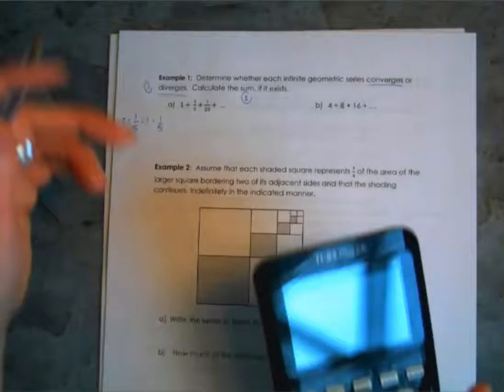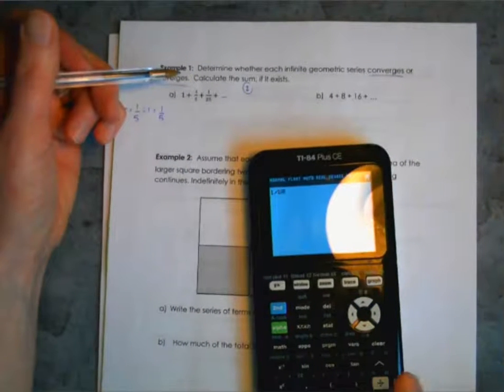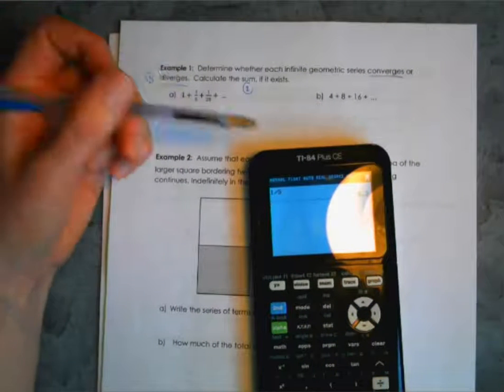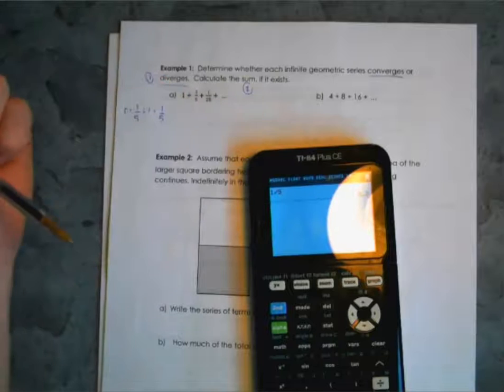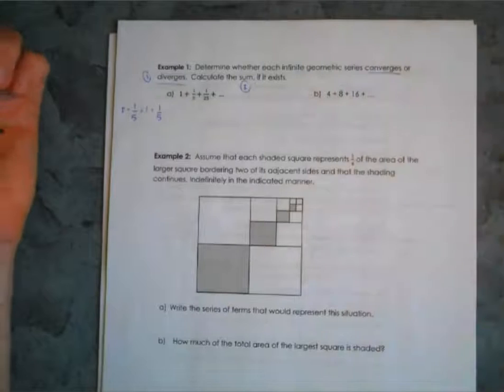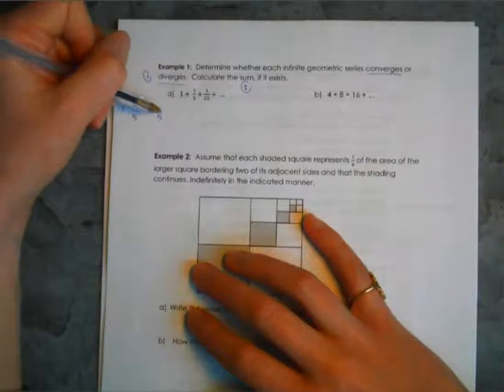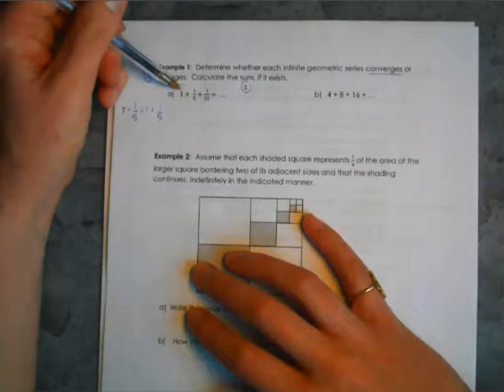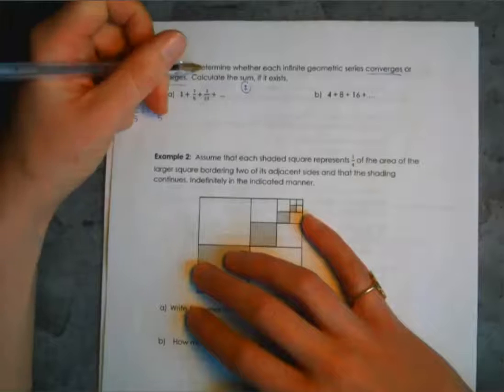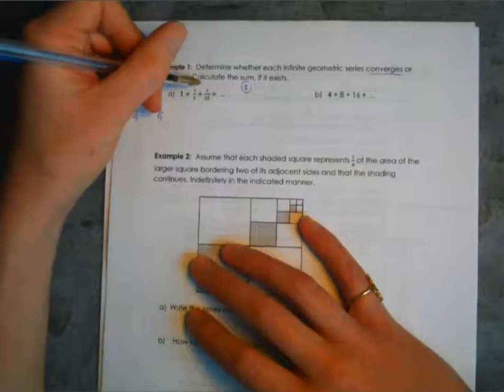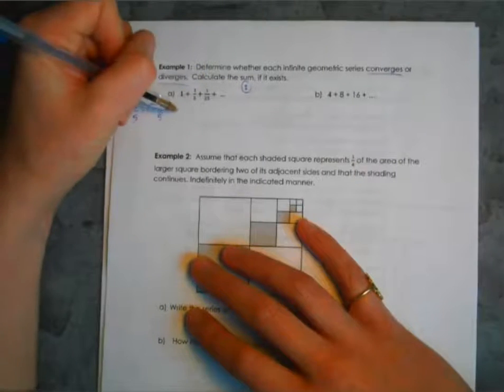If you're not super confident in your fractions, you can always type it into your calculator really quickly to check. 1 divided by 5 is 0.2, and you know that that is between 0 and 1. So that means that we're dealing with a convergent series, and you can tell because the terms are getting smaller as well, right? So we have a convergent series, so we can calculate the sum.